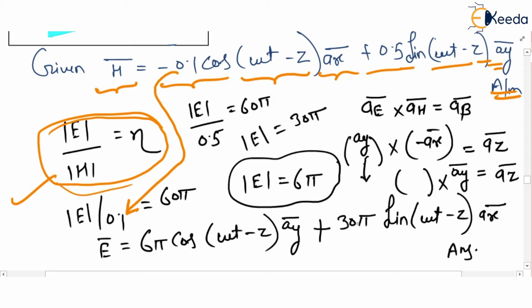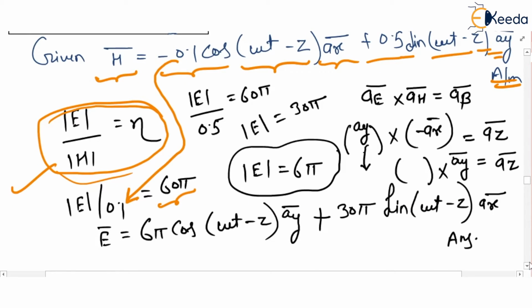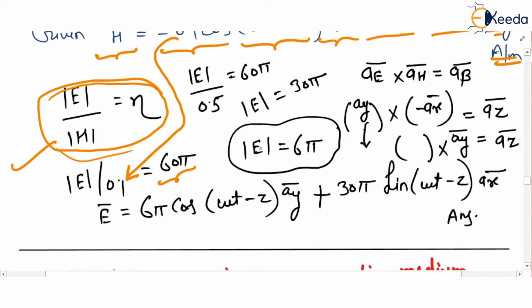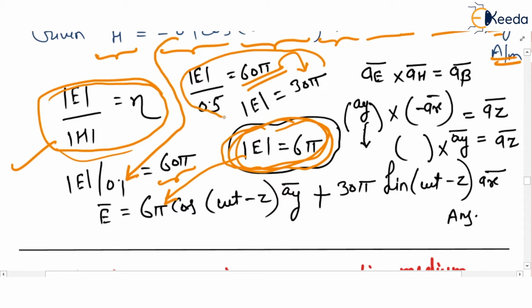So mod E by 0.1 is equal to 60 pi. So what is mod E? When we solve, it comes as 6 pi. Similarly, for the other component, mod E by 0.5 is equal to 60 pi, so mod E will be equal to 30 pi. So for both the components, we calculated mod E.